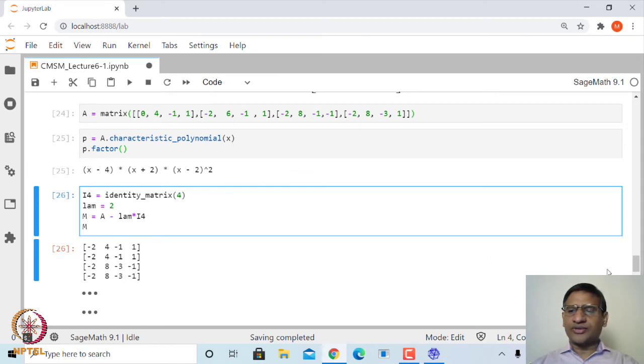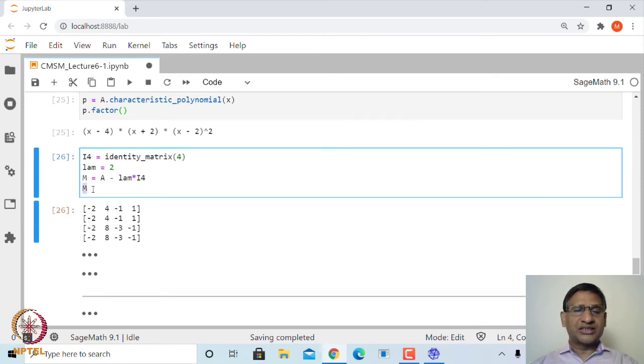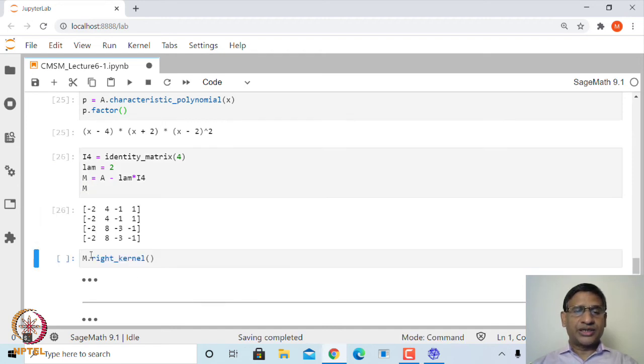So, how do we solve this? SAGE has an inbuilt function to solve this. All we need to do is find the null space of M, or the kernel of M, and that we can find using the inbuilt function M dot right kernel.